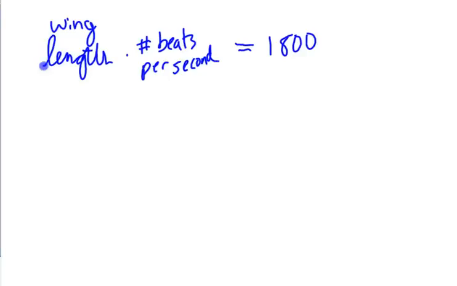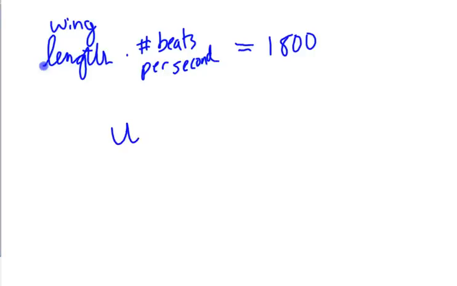But when you think about a hummingbird, how is their wing length compared with an owl? It's tiny, right? And how many beats per second do they do? A whole lot, right? You can't even see it. And so their wing length is shorter, so their beats per second has to be greater, because for the owl they have a big wing length and they have a small number here.